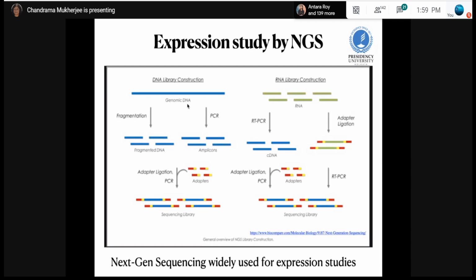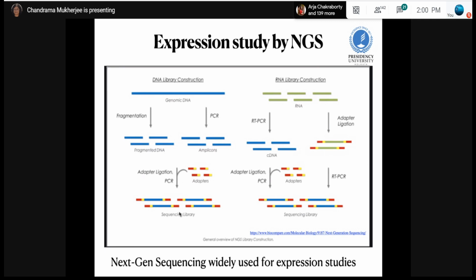Like RNA, the DNA library can also be made in a similar way, where the genomic DNA has to be extracted from the organism first, and then sheared or fragmented. You can use PCR to pick up particular amplicons, and the adapters are ligated, and then you do the PCRs to make the sequencing library.